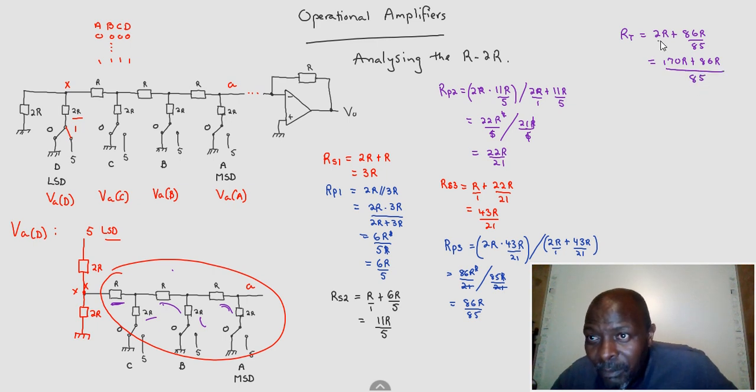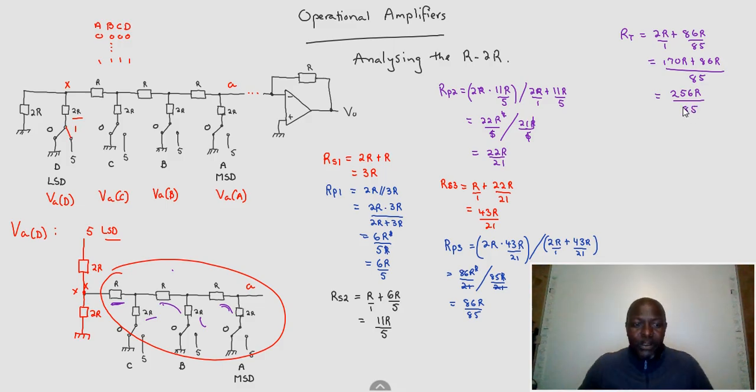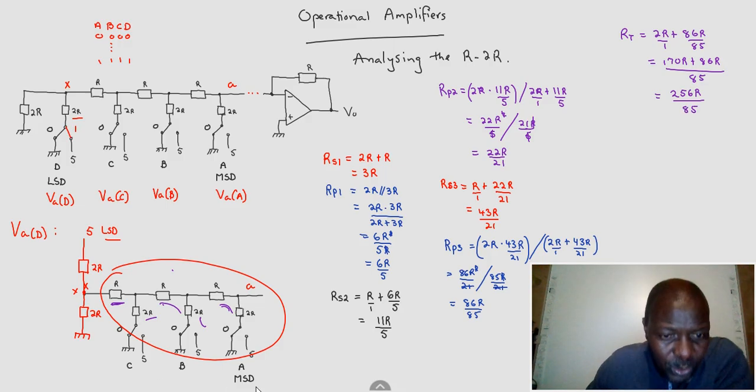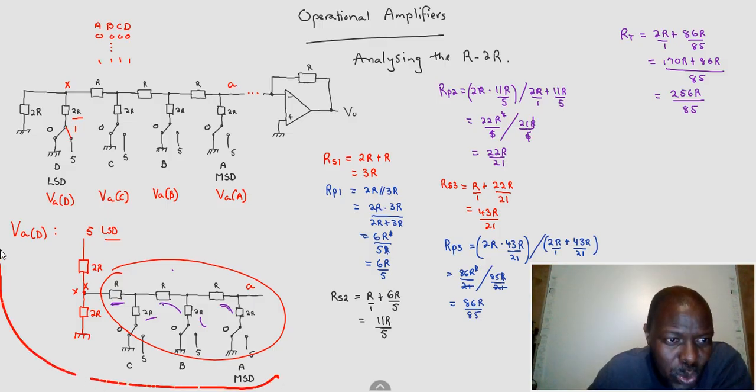If I put that, the common denominator will be 85, so 85 times 2 is 170R. So this is going to be 256R over 85. So these are our values. Now this was to help us analyze. Do I need it now? No.